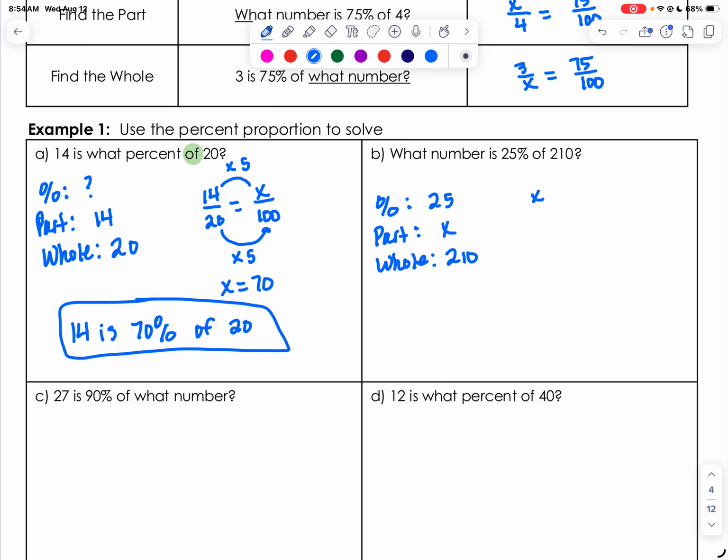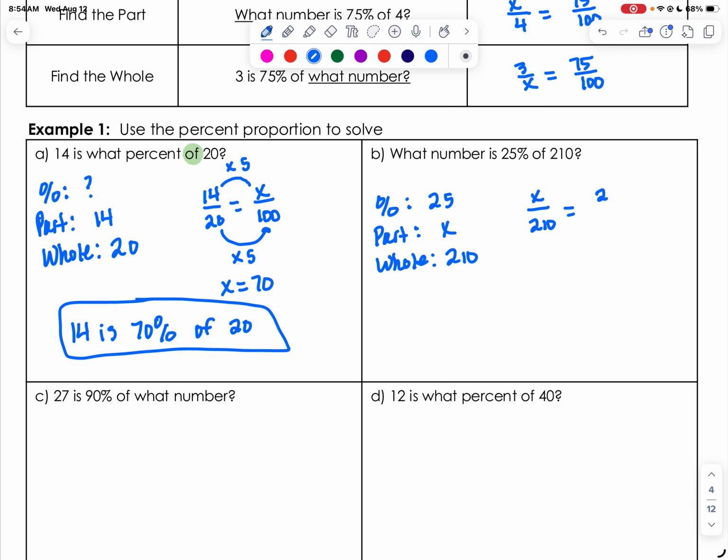So x over 210 is equal to 25 over 100. Now, to get the scale factor here, one thing I'm noticing is this 25 over 100. I could take 100 and divide it by 4 to get 25. So that means I could take 210 and divide it by 4 to get x.